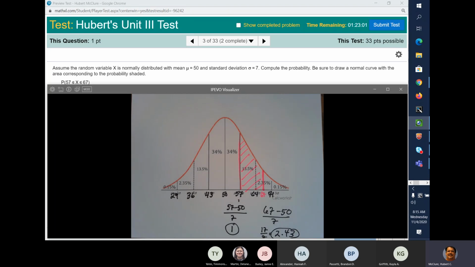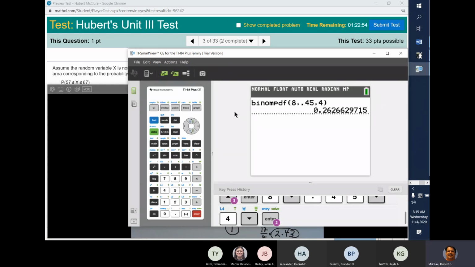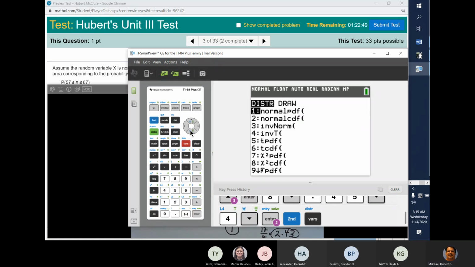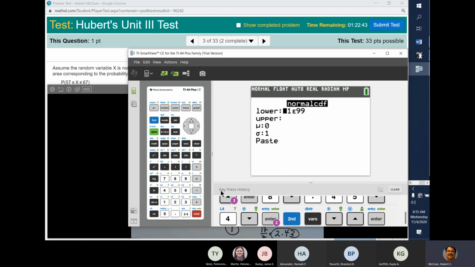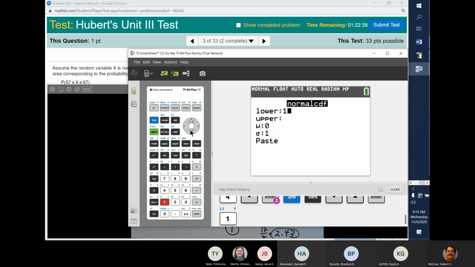If you've got an older calculator, then you would do 2nd, VARS, and normal CDF. And then you would go from 1 to 2.43.